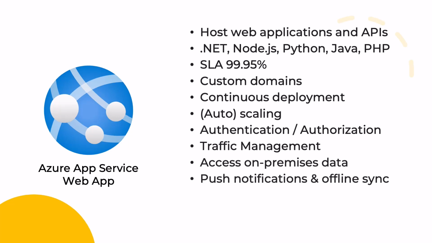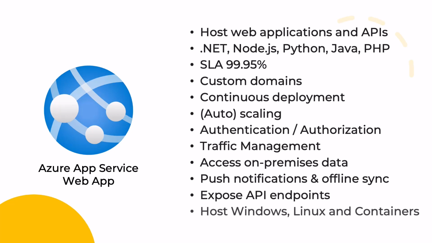And you can use push notifications and the offline sync feature to use web apps as APIs for your mobile applications. Like I said, you can use it to host APIs and expose their endpoints to the world, including documentation. And web apps can run on Windows, Linux, and can even host Docker containers. This thing is a powerhouse of functionality.